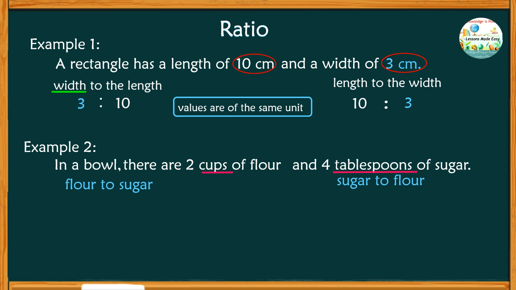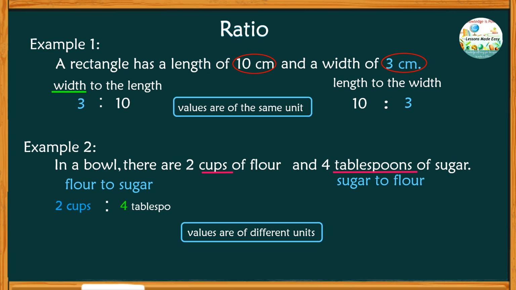In this case, we must write the units of the ratio if the two values are of different units. Therefore, the ratio of the flour to sugar must be written as 2 cups is to 4 tablespoons. The ratio of the sugar to flour would be 4 tablespoons is to 2 cups.